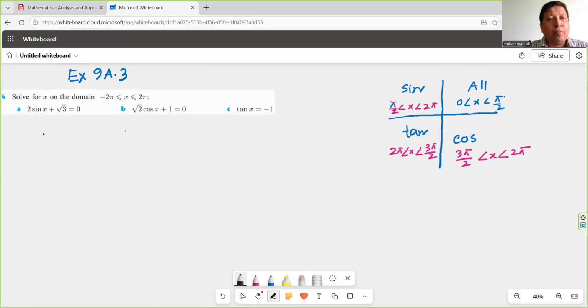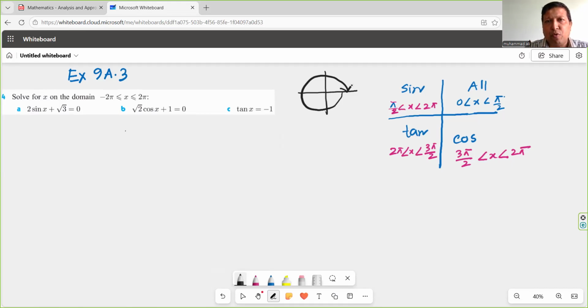Question number 4, solve for x on the domain x greater than or equal to minus 2 pi, less than or equal to 2 pi. So one thing, minus 2 pi means you have to consider that if we move clockwise, the value will be in the negative format.